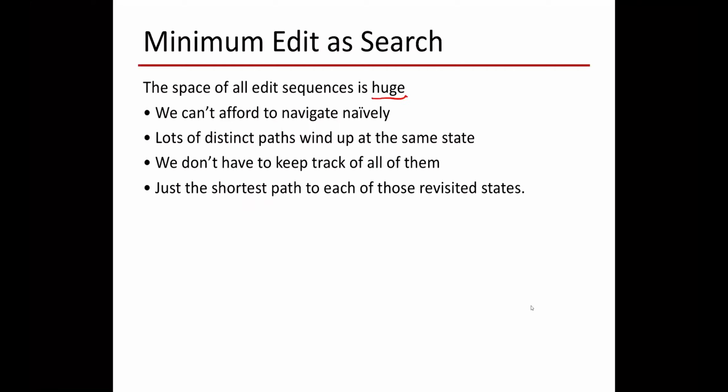We cannot recommend everything, right? And we cannot afford to navigate naively. Lots of distinct paths wind up at the same state, so we don't have to keep track of all of them. So just find the shortest path to each of those revisited states, meaning we can use dynamic programming.